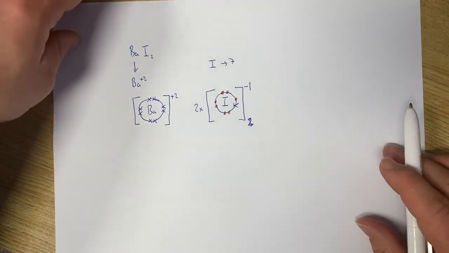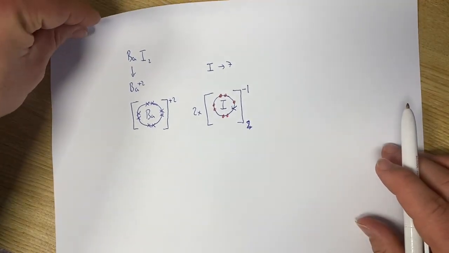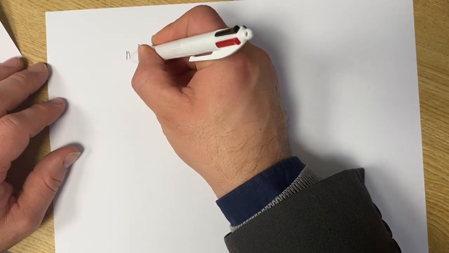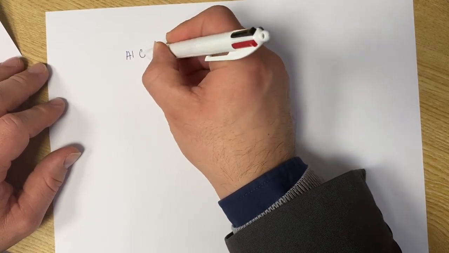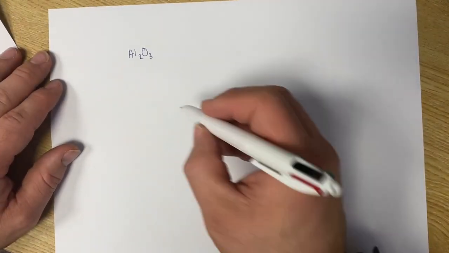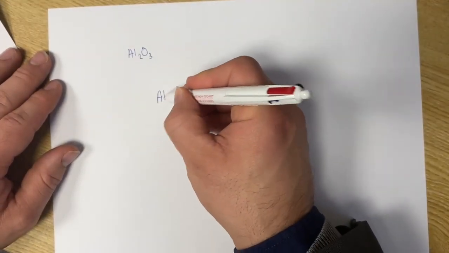Okay, one more example. This time if we were doing aluminium oxide. Aluminium is obviously a metal, so I don't think about it.